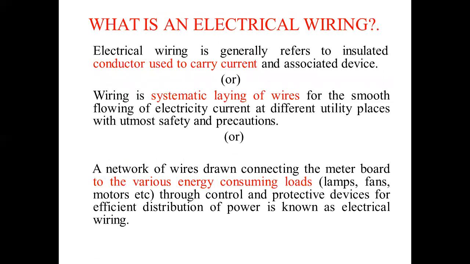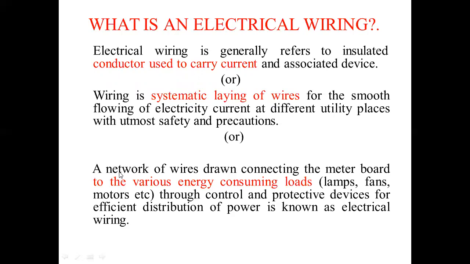Let us discuss what electrical wiring is. Electrical wiring generally refers to insulated conductor used to carry the current and associated devices. Or in other way, wiring means a systematic laying of wires or cables for the smooth flowing of electric current at different utility places with utmost safety and precautions.